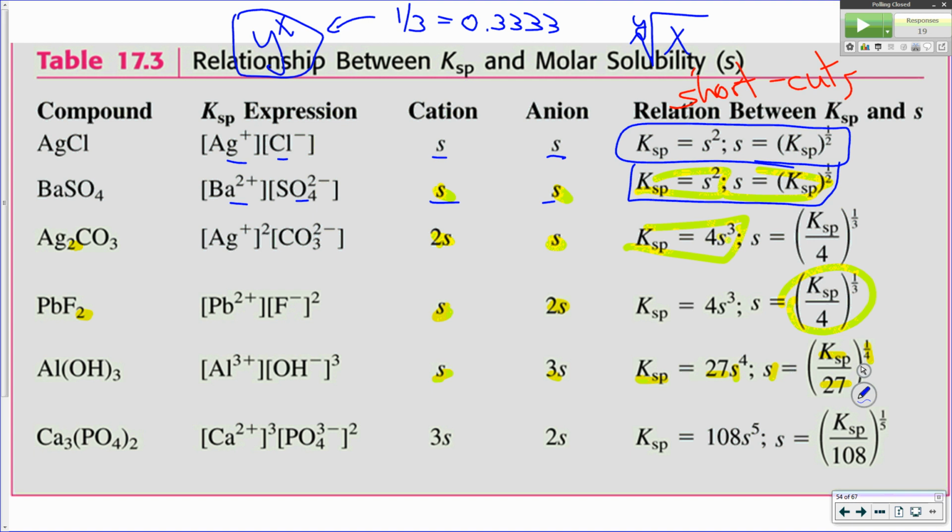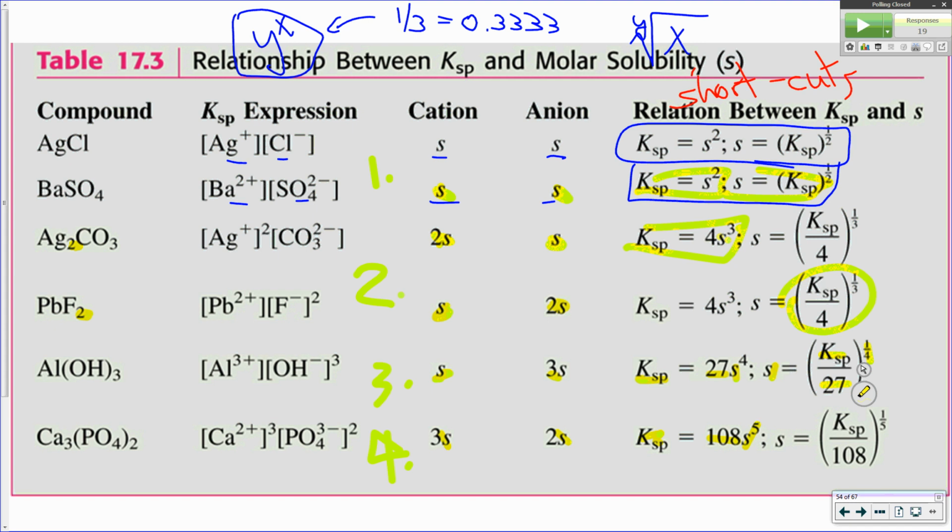All right, let's look at a couple of these. So your choice: you're either going to memorize the things in this table, and here's the last one. If it's a 3 to 2 ratio, its KSP equals 108 times the solubility to the 5th. So there are 4 possibilities in this table that you can memorize, or you can learn how to use that equation.